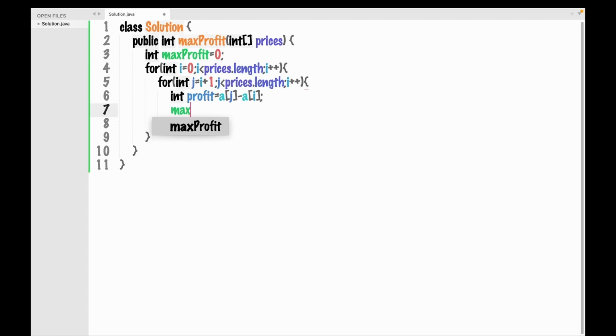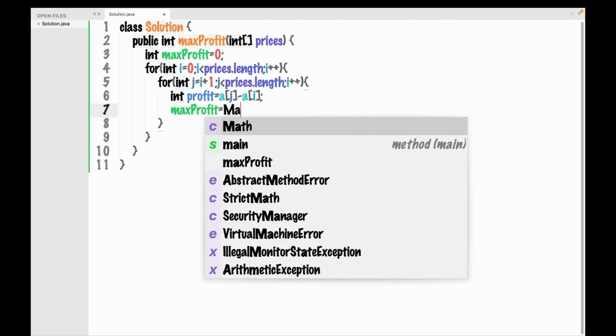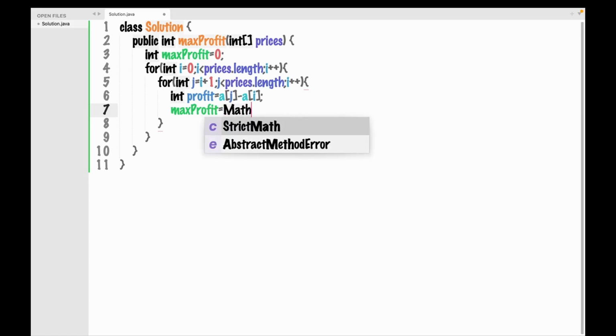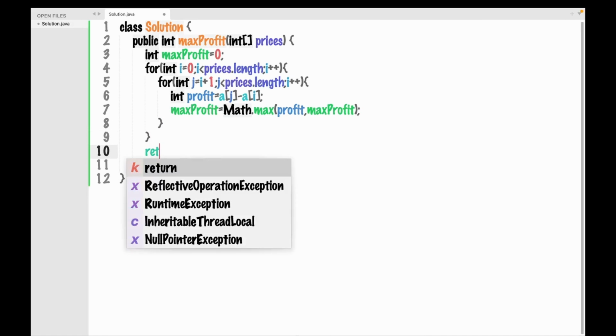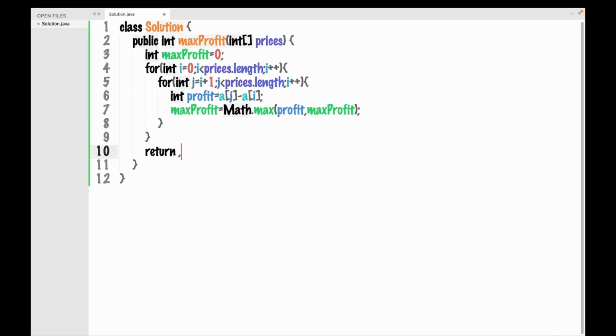So after getting the profit for selling at each jth day for the corresponding ith day, we would compare it with max profit, and if our profit is greater than max profit, we would update max profit with profit, and after that we would return max profit.